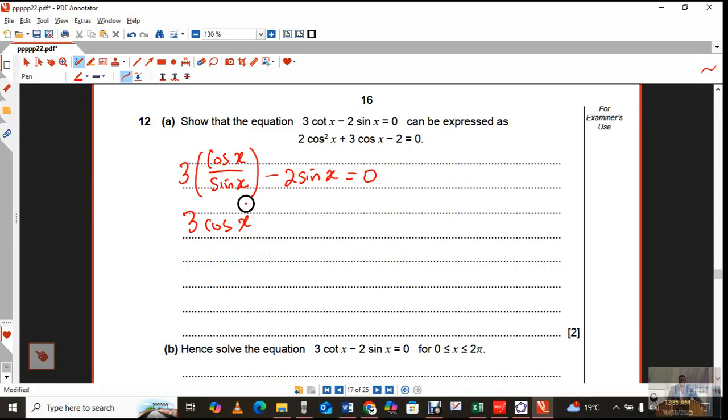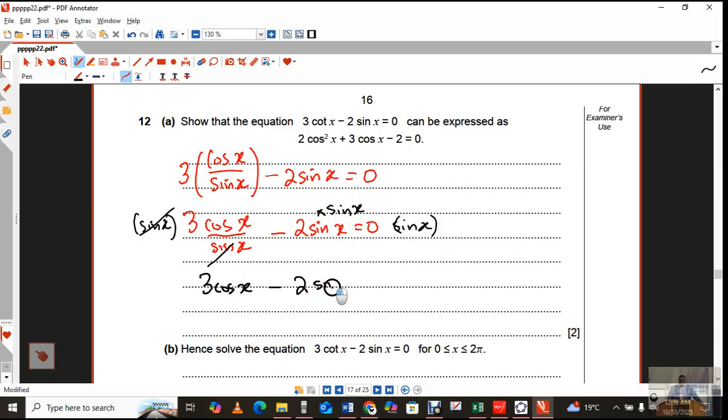I'm going to multiply throughout by sine x. If you multiply here by sine x, this cancels, and I'm left with 3 cos x minus 2 sine square x equals 0.